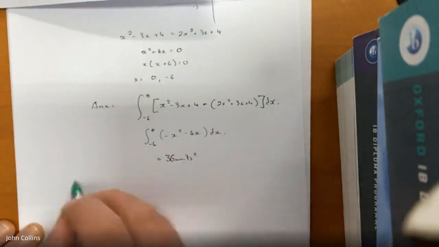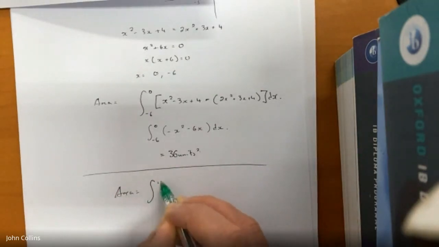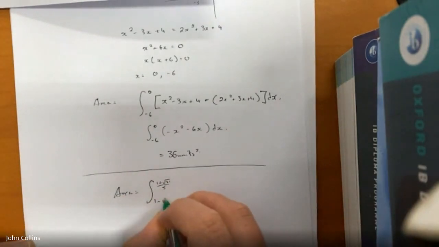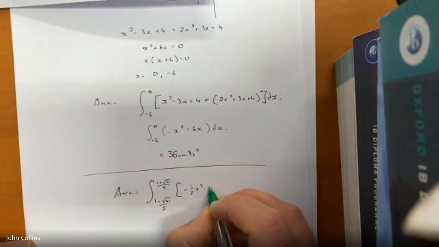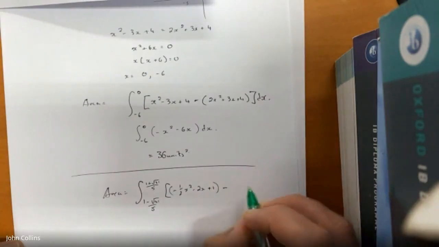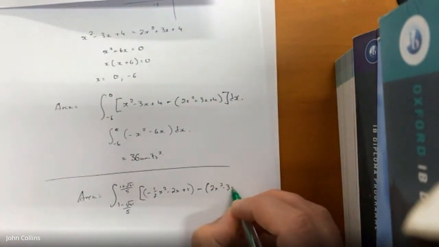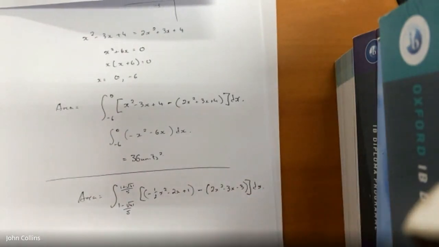So the area should be, if you use the formula, the integral from 1 minus the square root of 41/5 to 1 plus the square root of 41/5 of the -1/2 one, x squared minus 2x, so it'll be above, in brackets, and then subtract the 2x squared minus 3x minus 3 one. Now, that's not a disaster to do, it's just really easy to make a simple mistake.